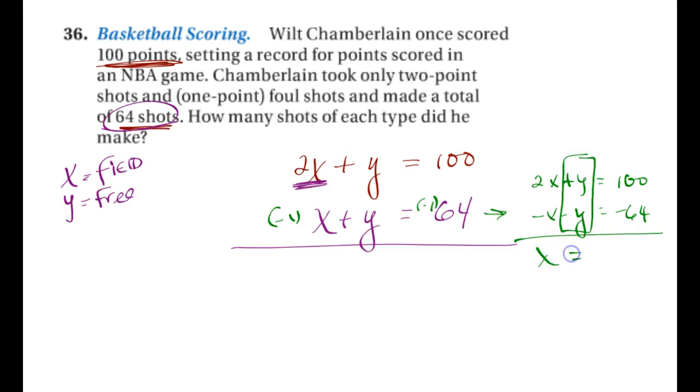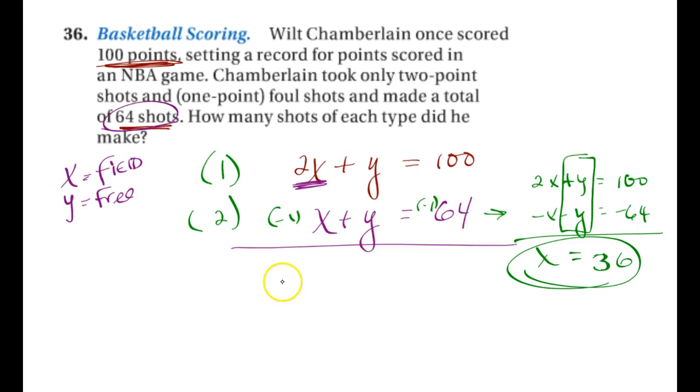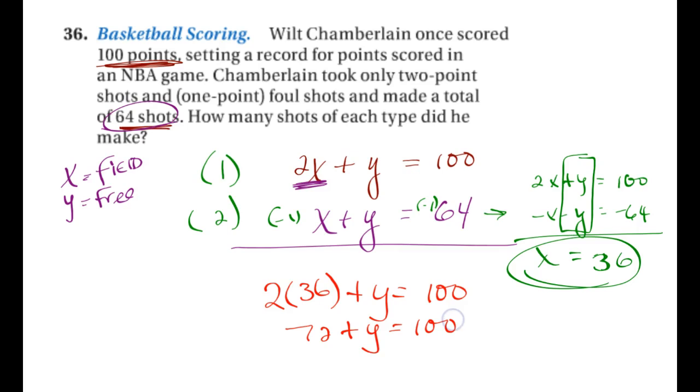So x is equal to 36, and then I'll substitute that x back into either equation 1 or equation 2, and since I've kind of already messed up equation 2 with a -1, I'll just go to equation 1. So twice the x value plus y better equal 100. So twice 36 is 72, and if I subtract off 72 from both sides, I'll get 28.